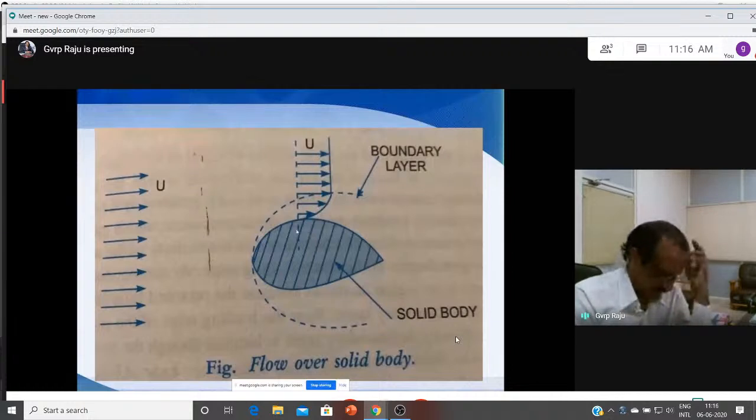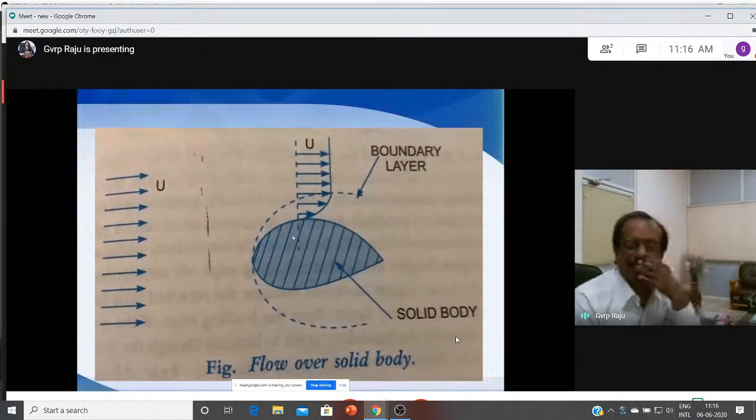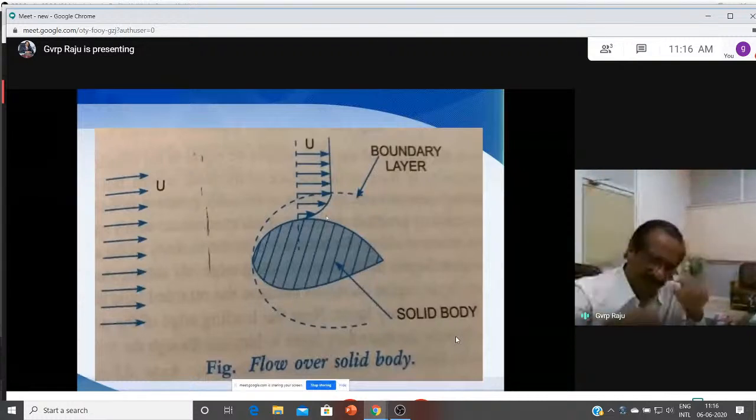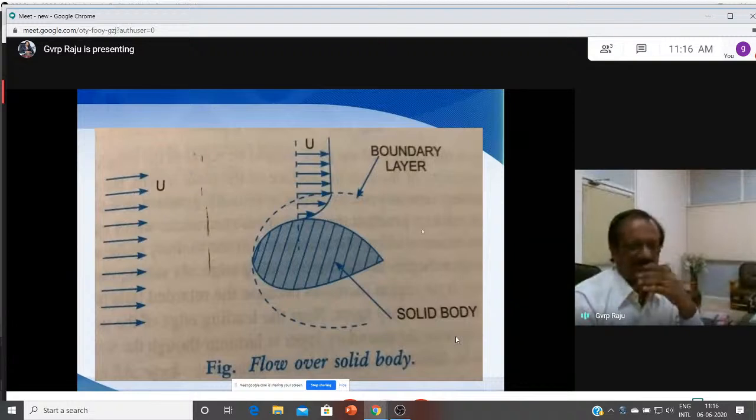The third one is suction of fluid from the boundary layer. Here you have slow moving fluid. Acceleration is you are giving more; suction means you are taking the fluid in the boundary layer back into the solid body. Suction means negative. So you can apply suction here.